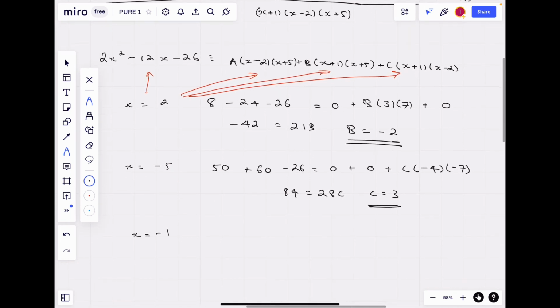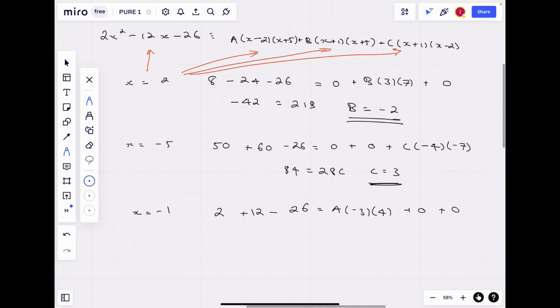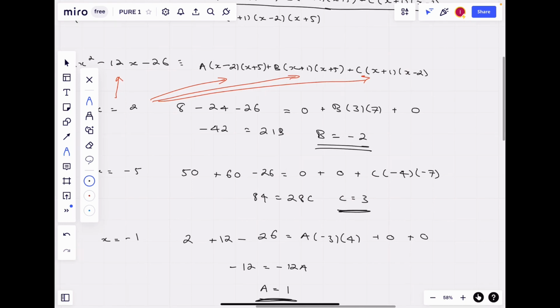The last one, you substitute x equals minus 1, you get 2 plus 12 minus 26 equals a times minus 3 times 4 plus 0 plus 0, which gives you minus 12 equals minus 12a, so a equals 1. That's your last constant.